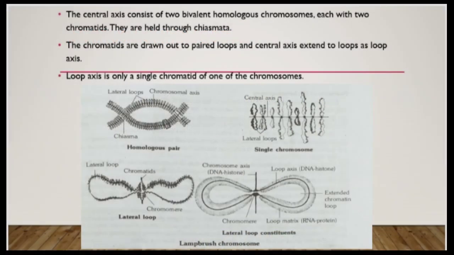The central axis consists of two bivalent homologous chromosomes, each with two chromatids, held through chiasmata. These things are very clear in the first diagram of the homologous pair given here. The chromatids are drawn out into paired loops, and the central axis extends to loops as the loop axis. The loop axis is only a single chromatid of one of the chromosomes.